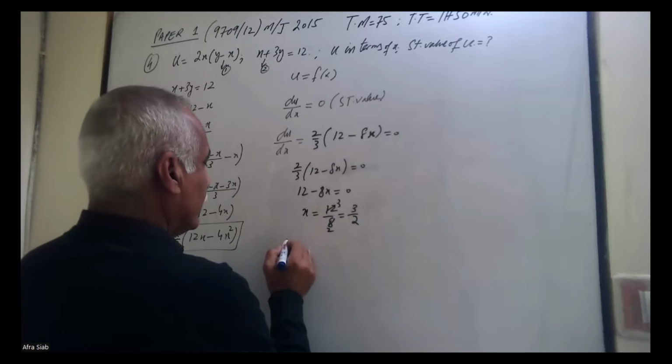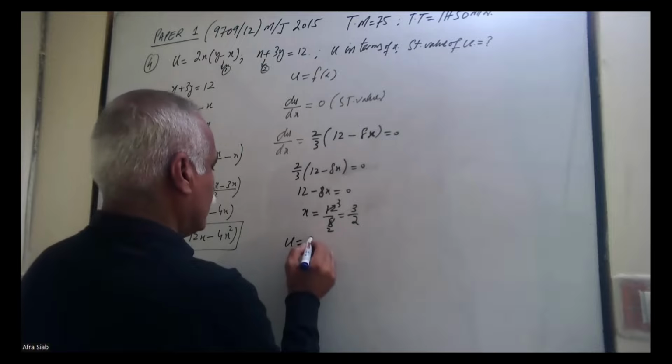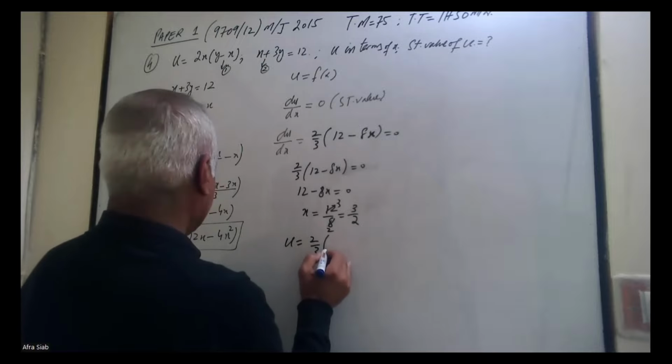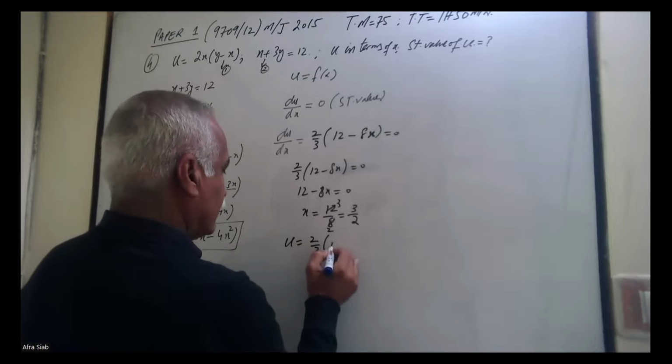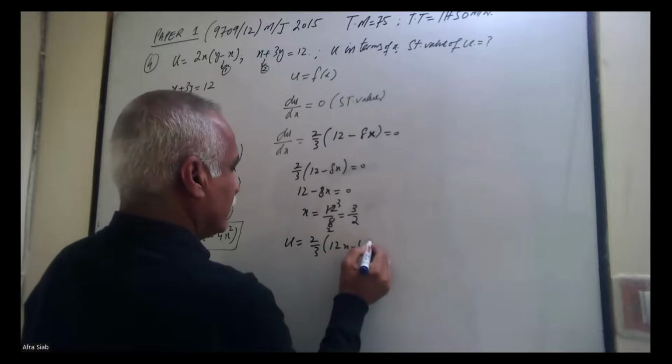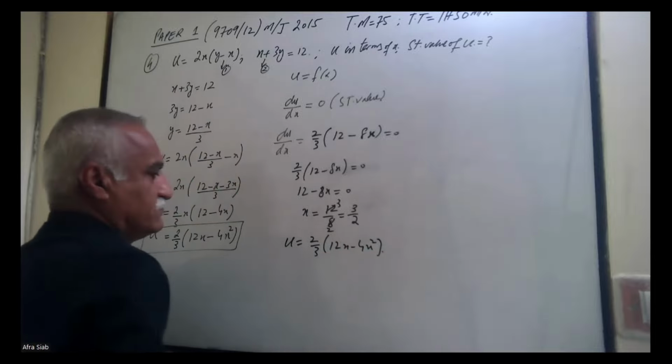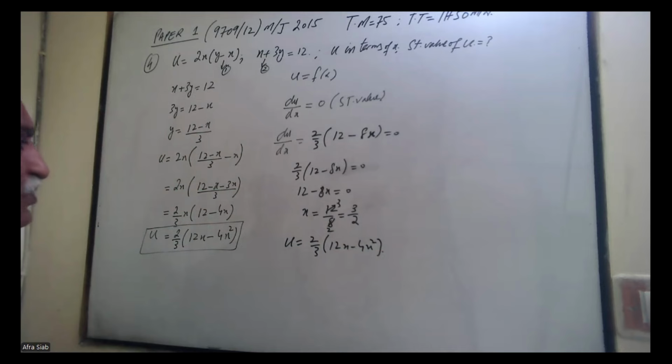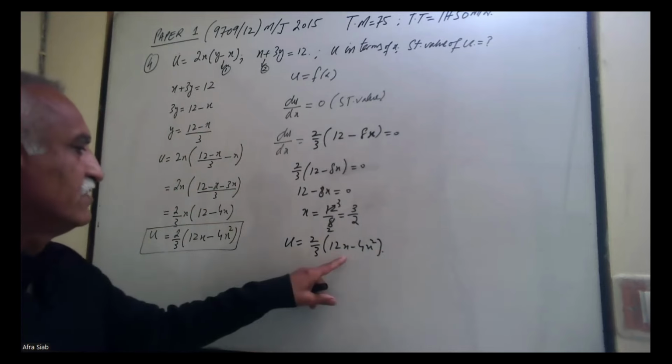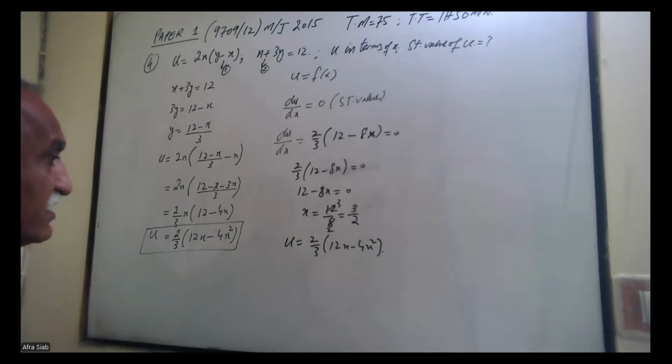So the u value will be equal to 2 by 3 into (12x minus 4x squared). We can put the value of x into this and get the stationary point. They are just asking to find the stationary value of u, where x is equal to 3 by 2.